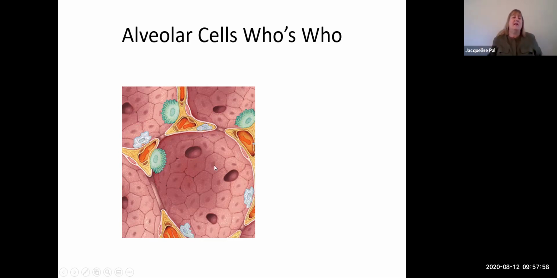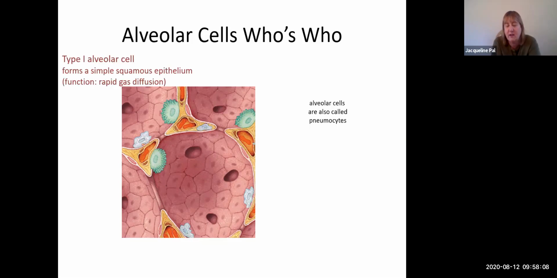Then we have these green cells, and then we have these blue cells. So when you're eyeballing it from a distance, you can tell that the cell you have most of are those rose-colored cells. And those rose-colored cells are your type 1 alveolar cells. And obviously, when you're looking at them, hopefully you were thinking, kind of reminds me of fried eggs. A bunch of fried eggs, looking at them from above, which should have triggered some memory.